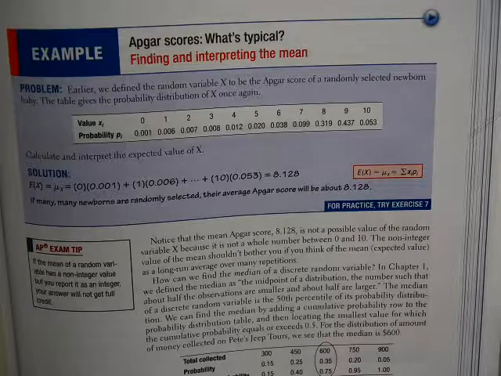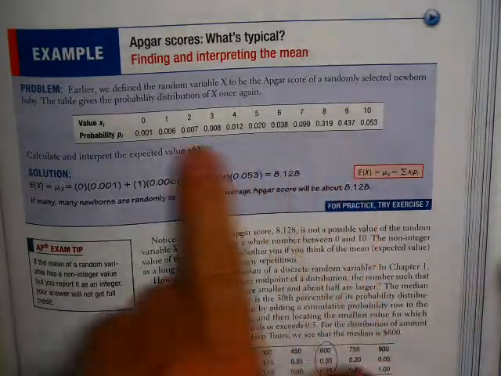How healthy is a newborn? So it's discrete from 0 to 10. You can't get an 8.5. There's no newborn that's 8.5. It's 8, 9, 10, whatever. So these values are discrete.